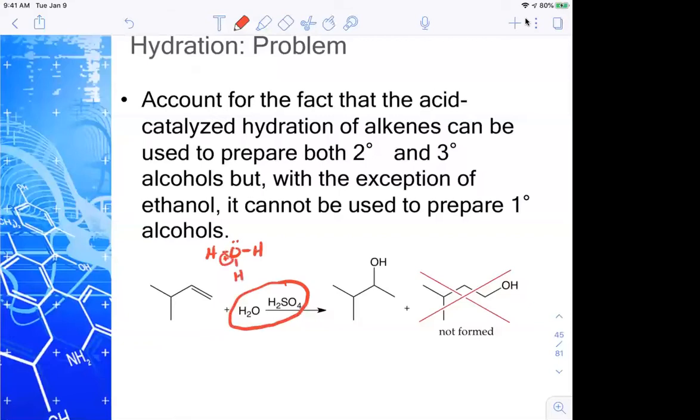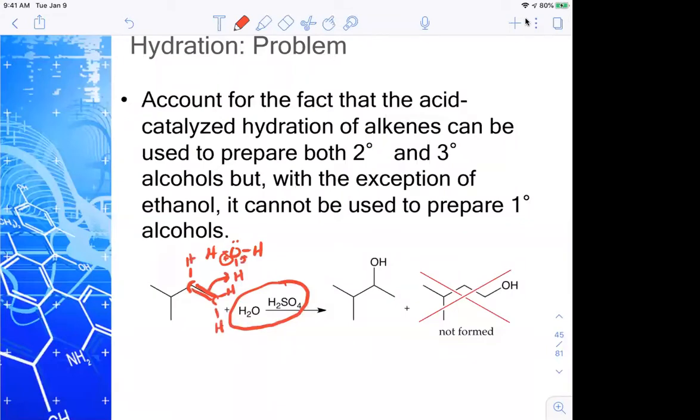Now, I can go one of two ways. So if I look at this, I can go where my bond is going to come this way.